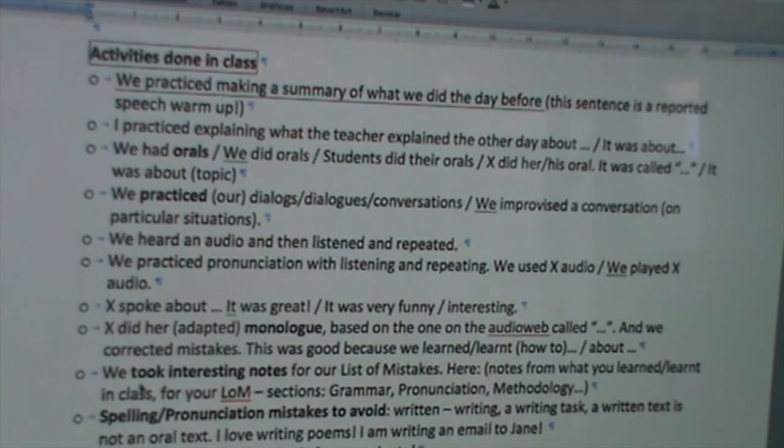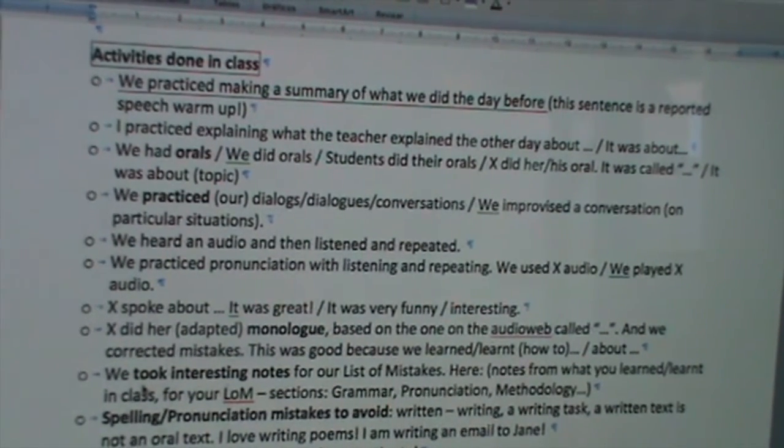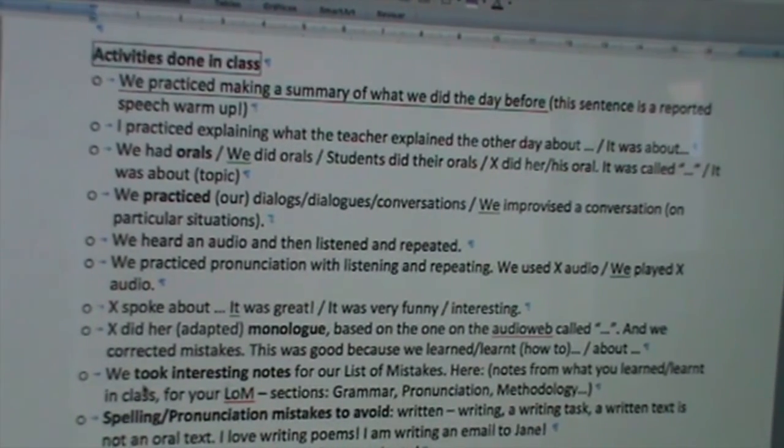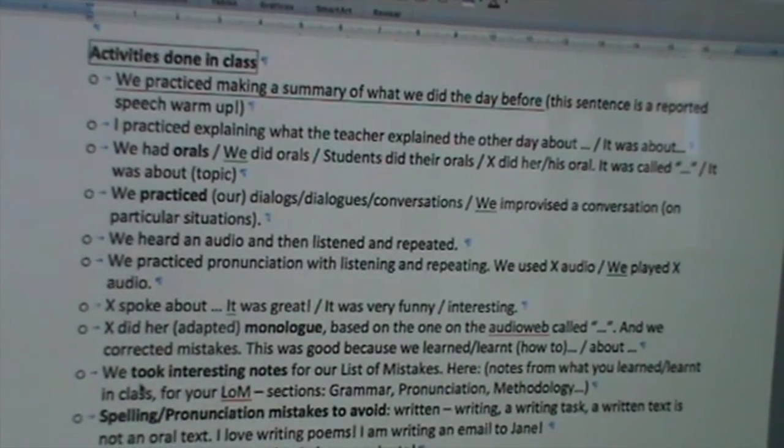You identify the audio. Or we played whichever audio, audio 1.2, or we played the audio about the hotel, or we played whatever, okay?